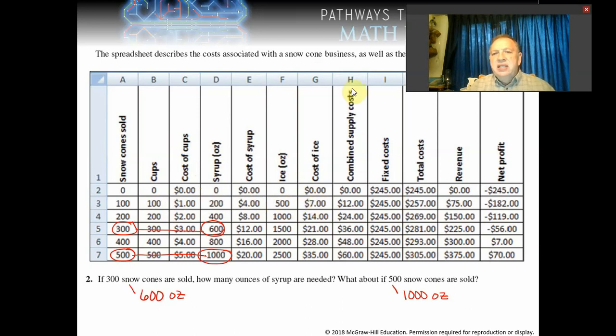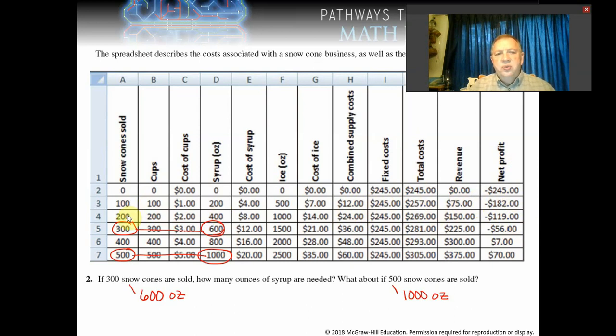The combined supply cost is $12. That's to make the 100 snow cones. My fixed cost is still $245. So these sums are my total cost. My revenue now, I'm going to sell these 100 at 75 cents apiece. I make $75. My net profit is a negative 182 at that point.